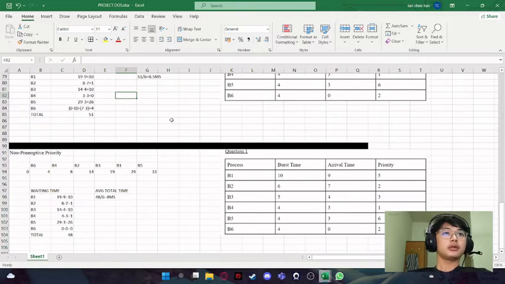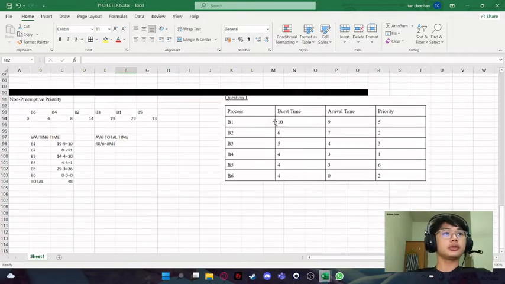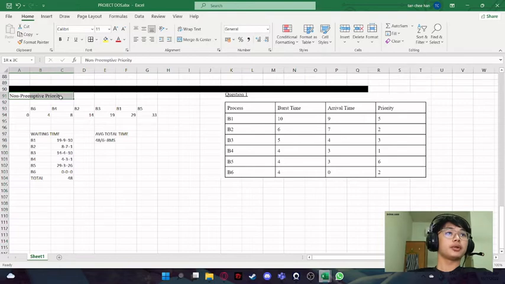Okay, now we're going to the next question, non-preemptive priority. This is easier than the preemptive priority because no new process arrives during execution.